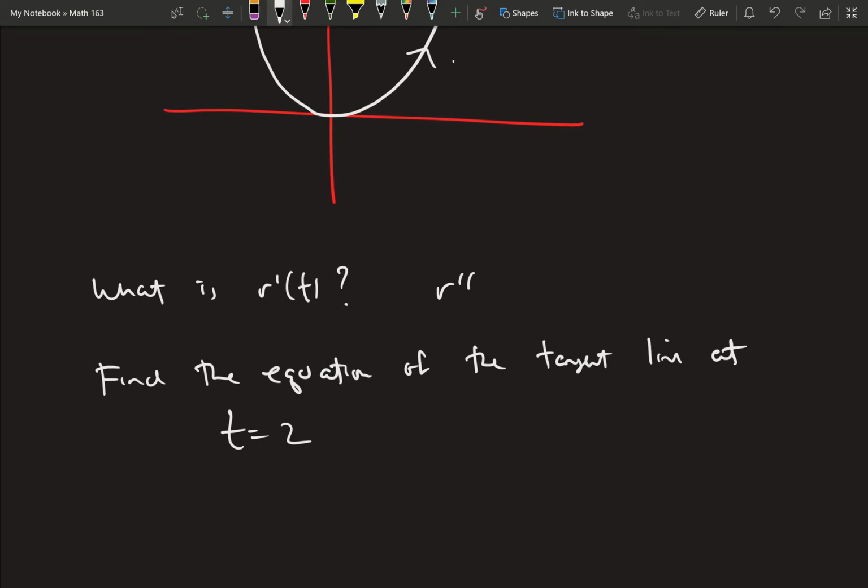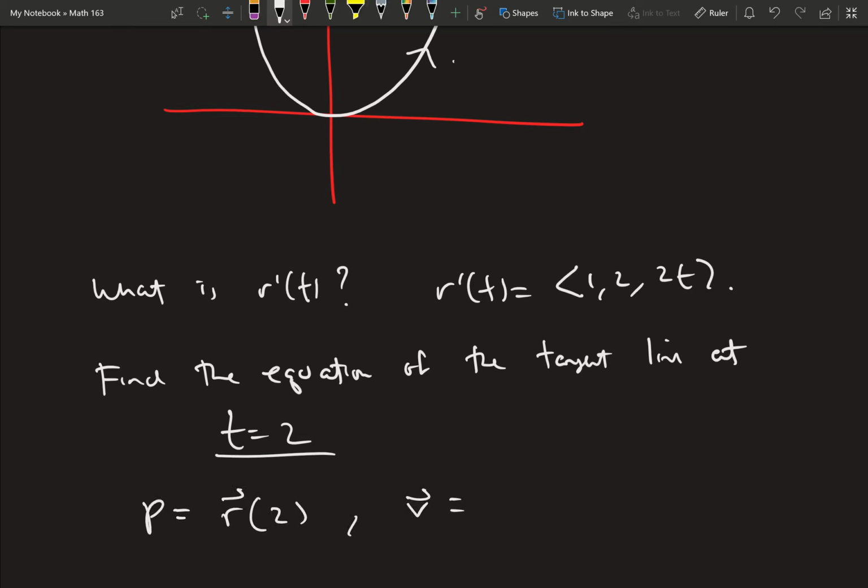Well, r prime of t in general is 1, 2, and 2t. So if we plug in, what do we want to get the equation of the tangent line? We need the base point, which is r of 2, and we need the direction vector, which is r prime of 2.